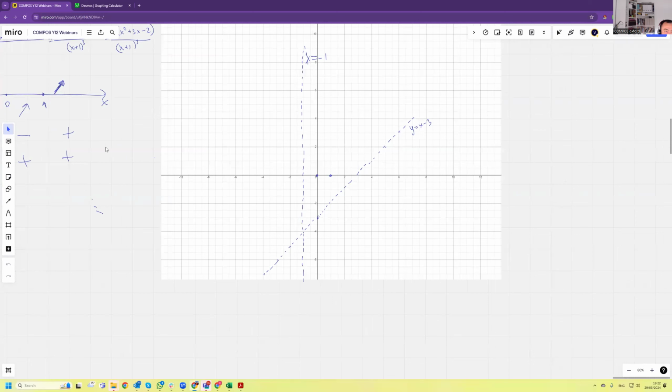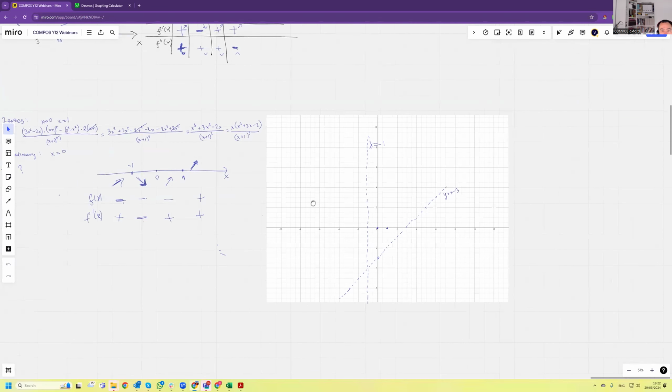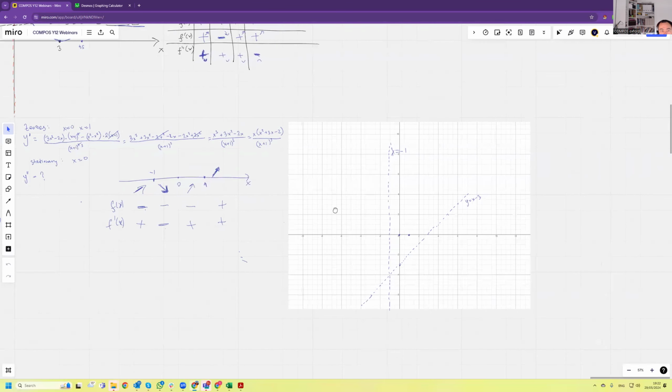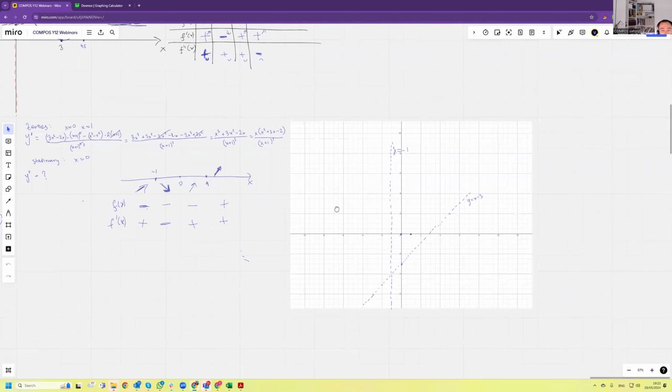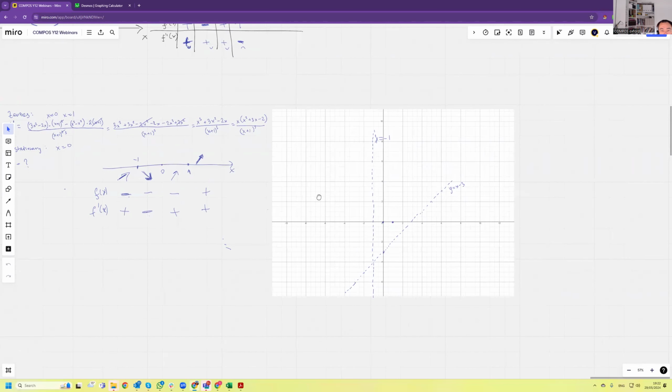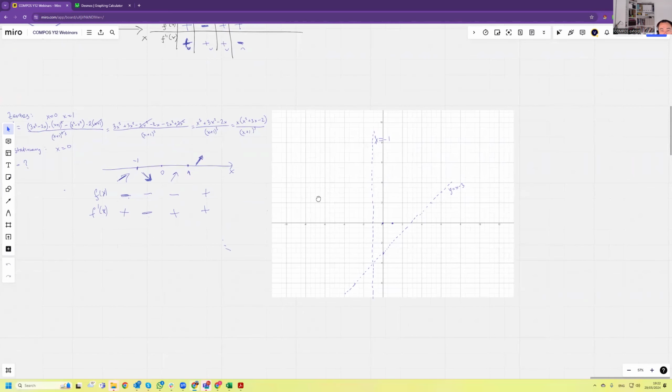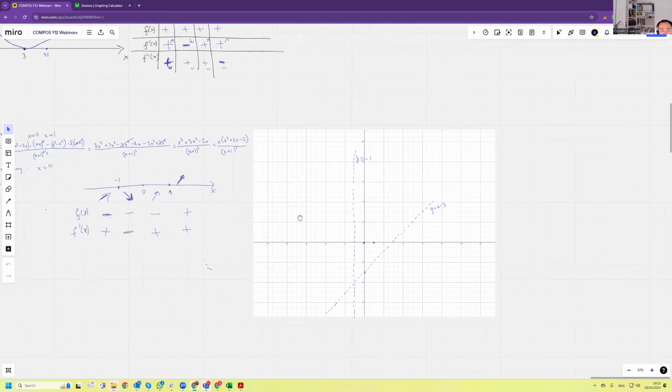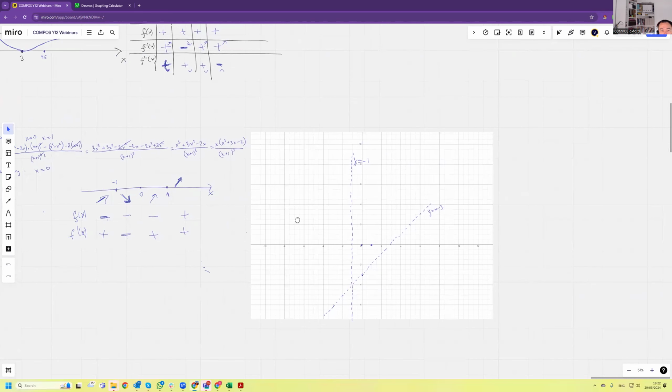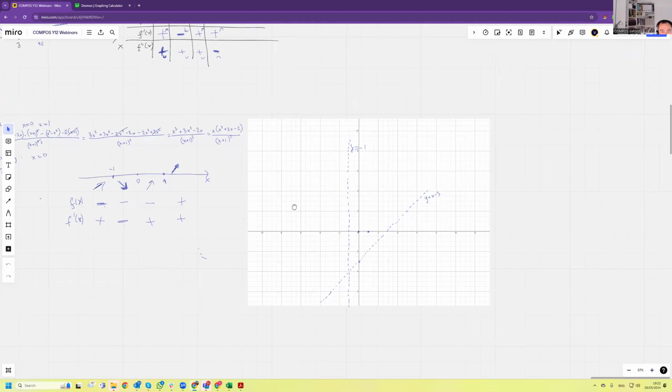Okay, so the one on the left. -1. Decreasing until increasing.